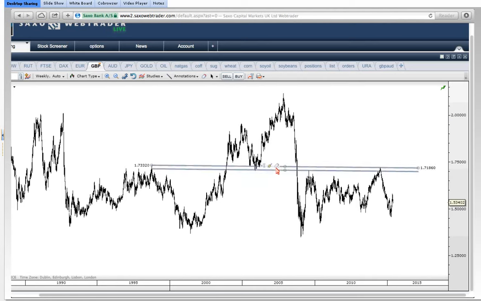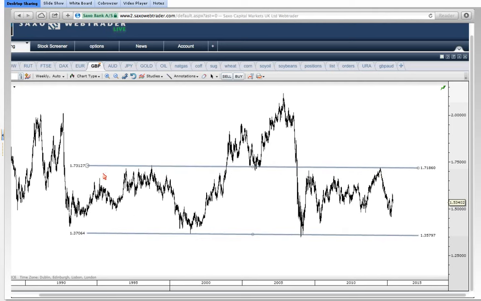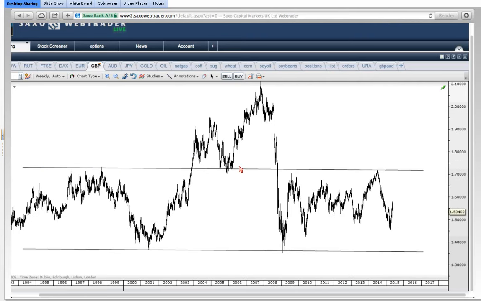I was quite cautious. A lot of people were calling GBP going to 180, 190, and I thought it can't be that easy due to this massive resistance at that area.